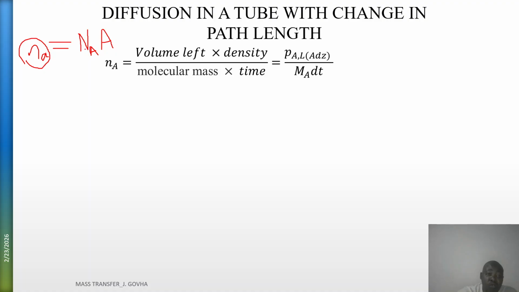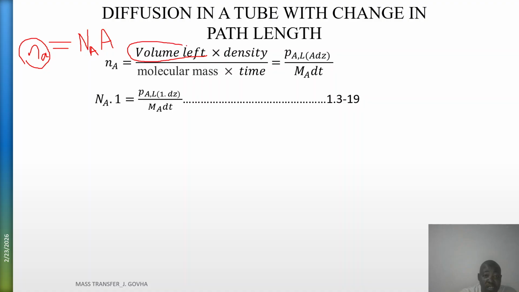So to know the moles that are leaving, we just determine the volume times the density. This change in volume times the density will give us mass.